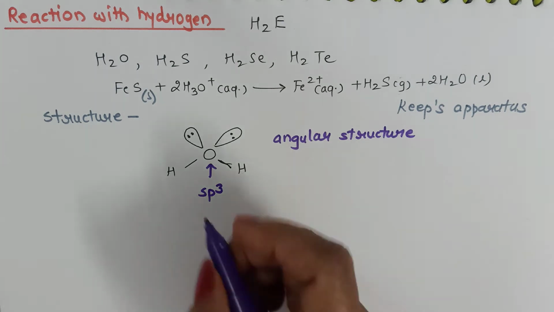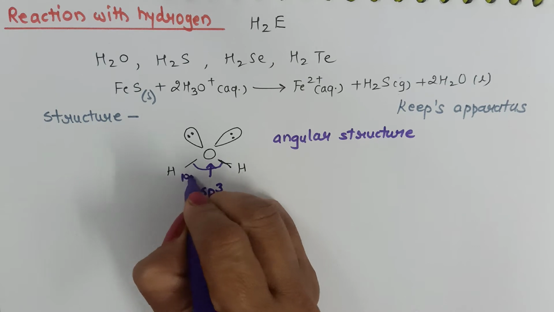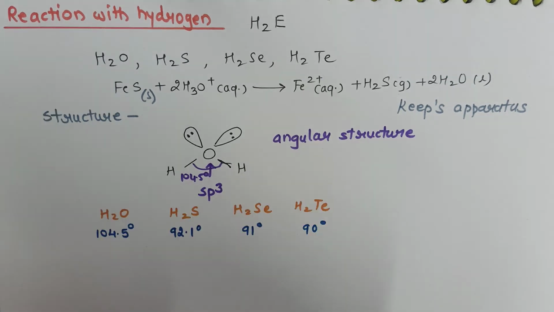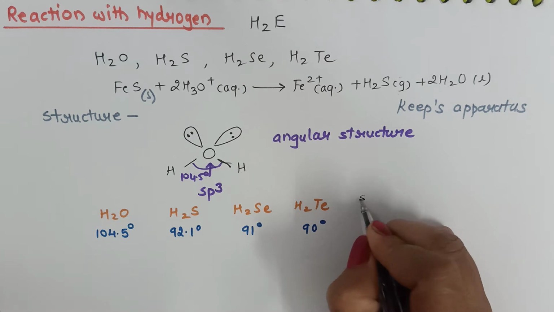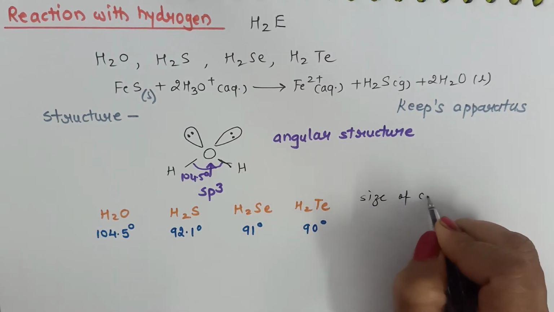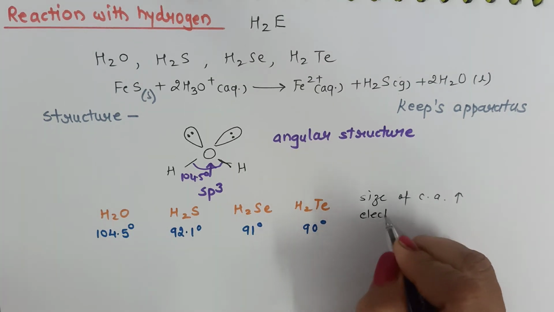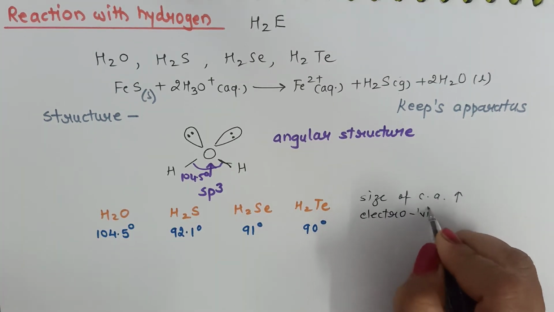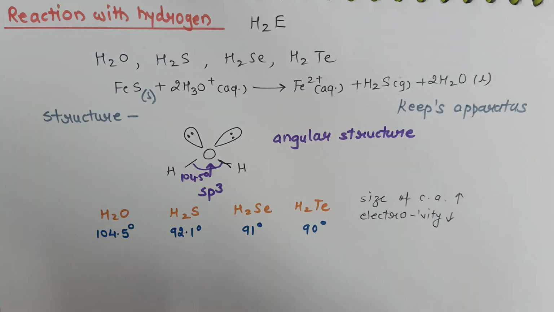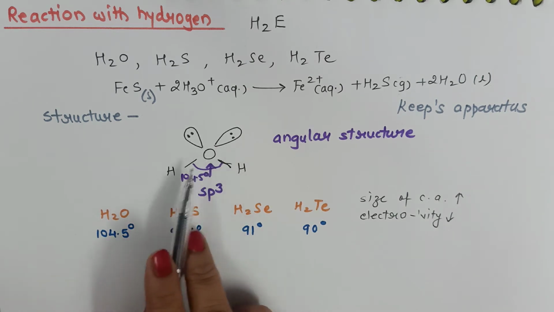The bond angle in water, as we all know, is 104.5 degrees. But as we move down the group, the bond angle decreases. It is because as we move down the group, the size of the central atom increases, the electronegativity decreases, and the bond pairs of electrons shift more and more away from the central atom.